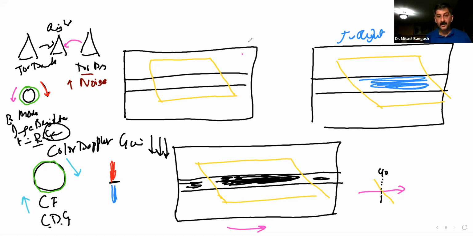But what actually may happen if we, for instance, keep on increasing the color Doppler gain too high?